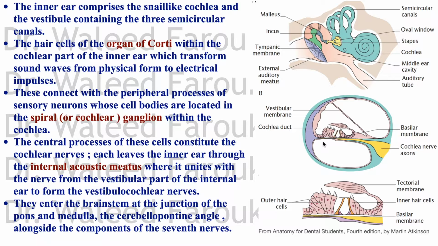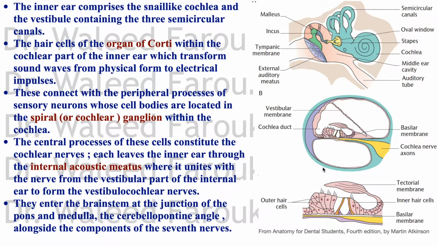The central processes of the hair cells constitute the cochlear nerve, as you can see here, and each cochlear nerve leaves the inner ear through the internal acoustic meatus, where it unites with the nerve from the vestibular part of the internal ear to form the vestibulocochlear nerve.